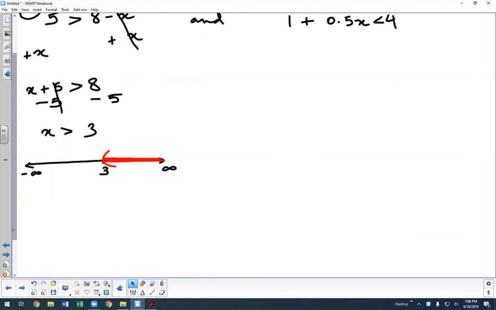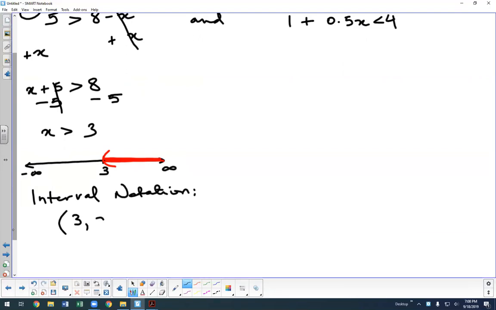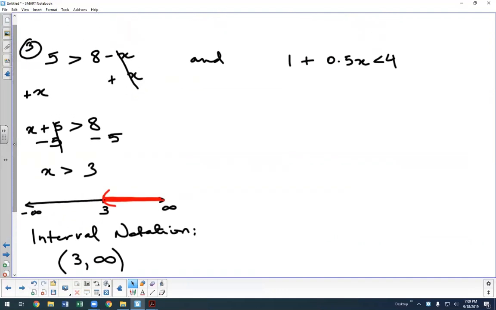So the interval notation is open parentheses 3, comma, infinity, open parentheses. Since we're going to the right-hand side, 3 is my smallest number, going to infinity, and both sides take parentheses since we're not including that 3. So this was the left-hand side of our and inequality.